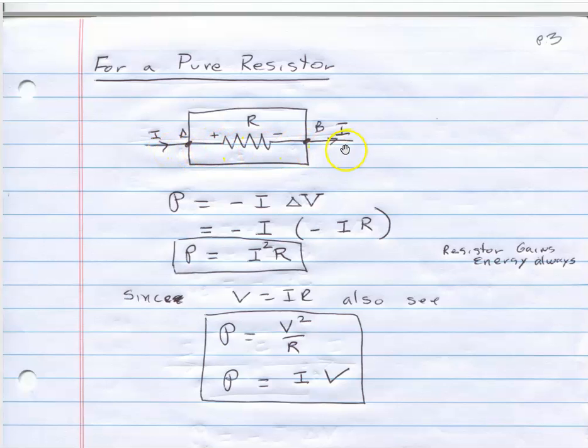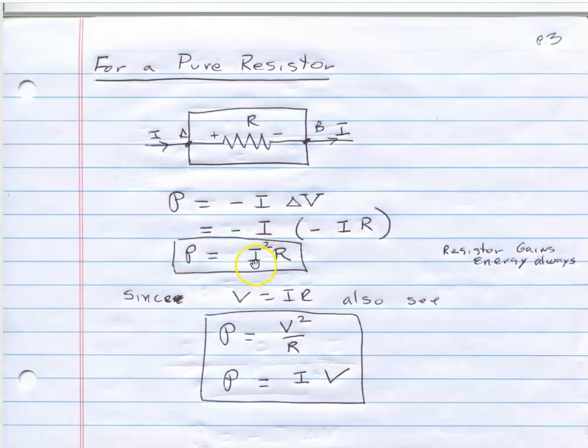Current, if it's flowing in this direction, always flows from high to low potential, so I'll mark the high and low sides there. I use our formula in the very explicit form, minus I delta V. This is the power that's going to be gained by this resistor in this case. So I get minus I. But remember, delta V is plus or minus IR, but as I move across this from A to B, I use the last sign I hit, so I use the negative sign.